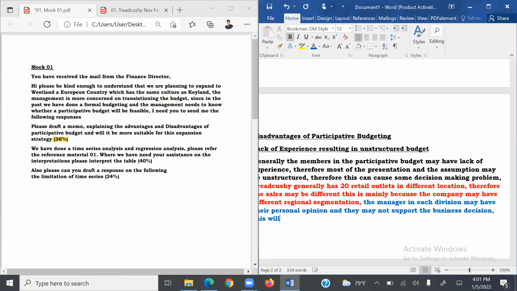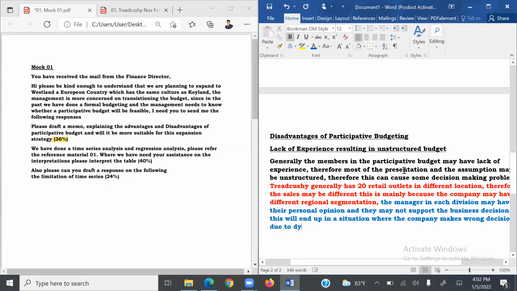This will end up in a situation where the company makes wrong decisions due to dysfunctional behavior. Students, there is a term called dysfunctional behavior.